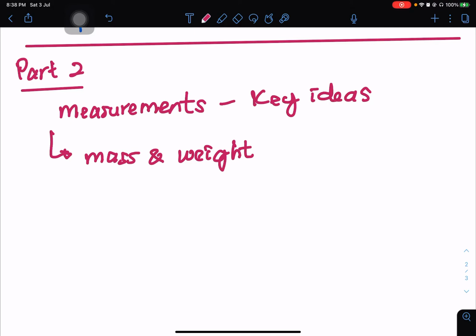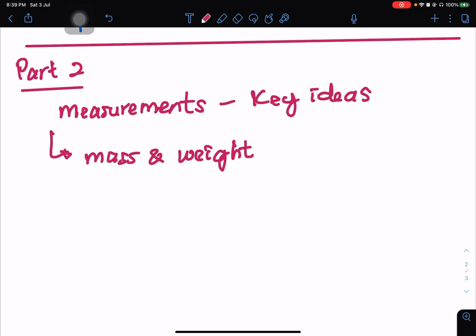So for mass, you can use your weighing balance or weighing scale, but for weight, you need to use a Newton meter. And after that, we look at time, and what is time. We have 12 hours and 24 hours.